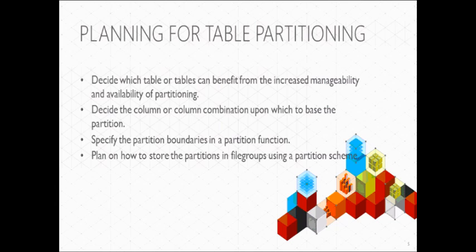You use the data type of the partition column when defining the partition function. So effectively, you must choose the partition column before defining the partition function, or deciding which partition function to use.